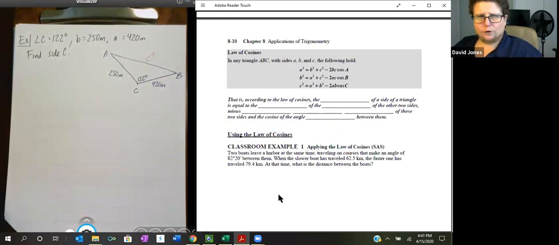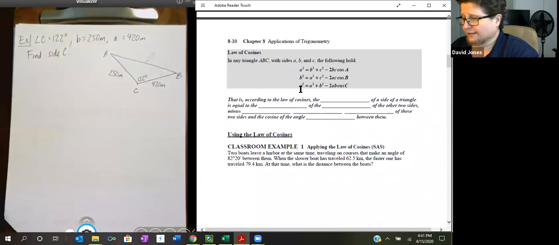So which formula looks best? We've got them up on the screen. You can see them right here. What do we have? Let's do our table.